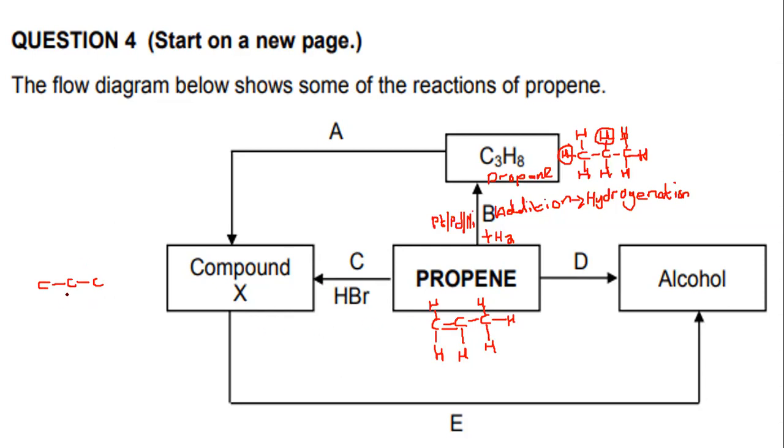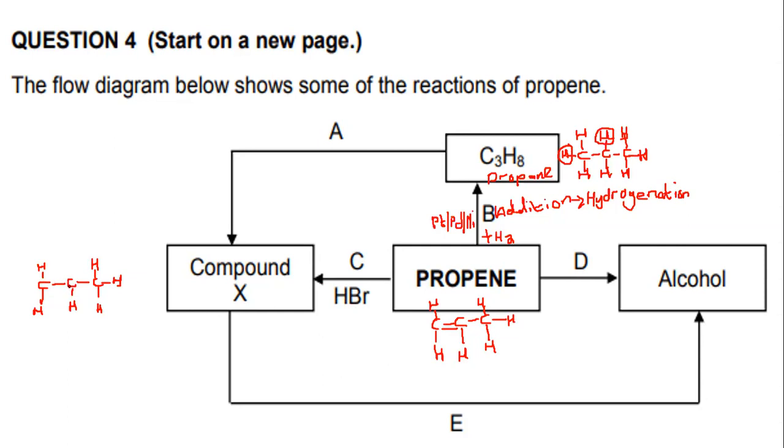Then I'm going to put those original hydrogens that I had. So originally I had 2 carbons there, 1, 2. There I had 1 hydrogen atom. There I had 3 hydrogen atoms altogether. Then I see that I am short of 1 bond on this carbon because it already has 3.